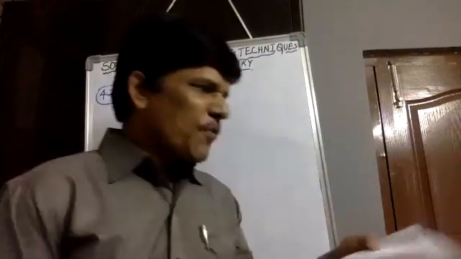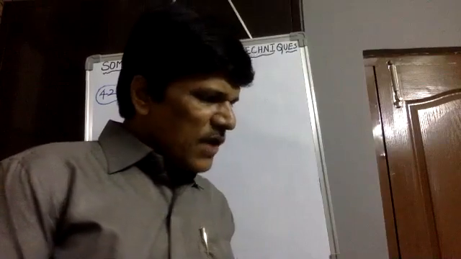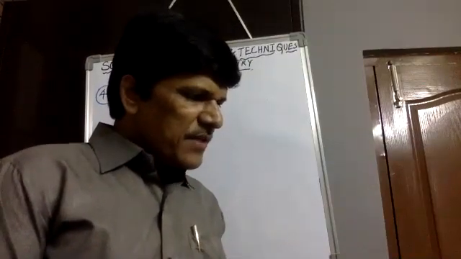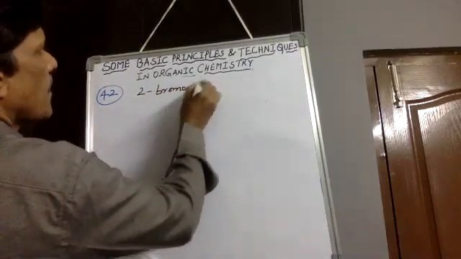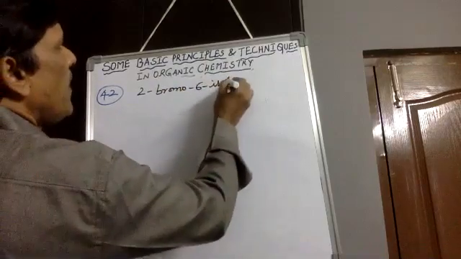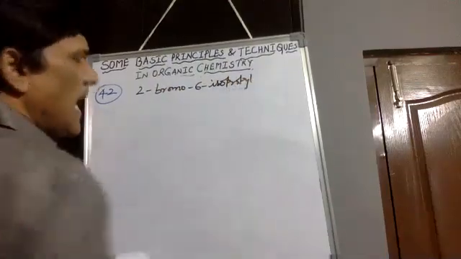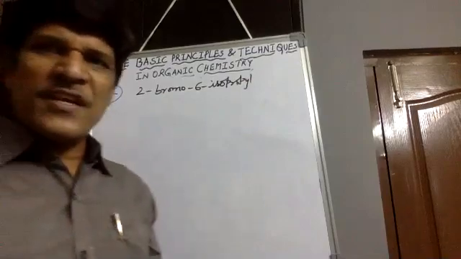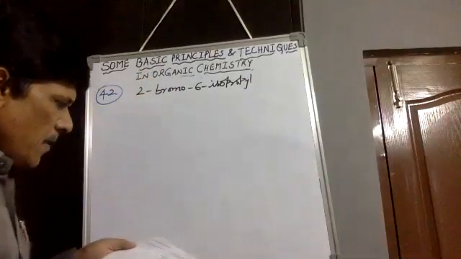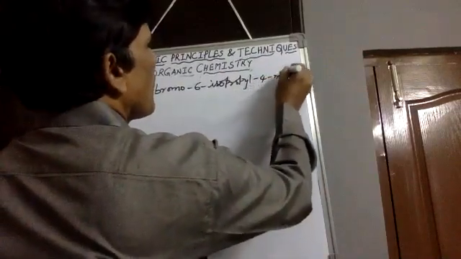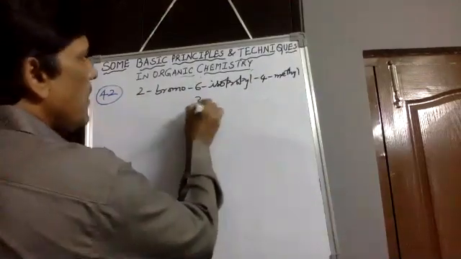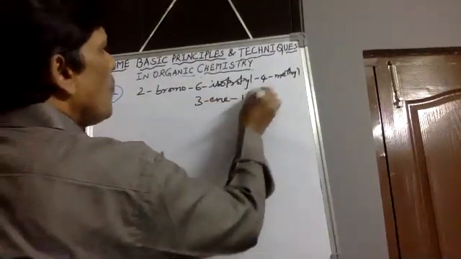Here structures are provided. Which of the following structures represents 2-bromo, 6-isopropyl? Isopropyl means 2 methyl groups extended structure. 4 methyl, 3-en, 1-ol.